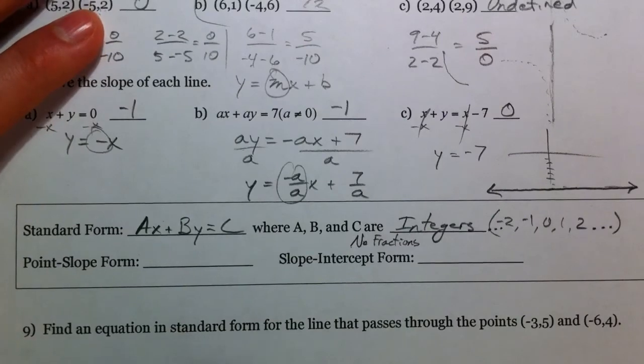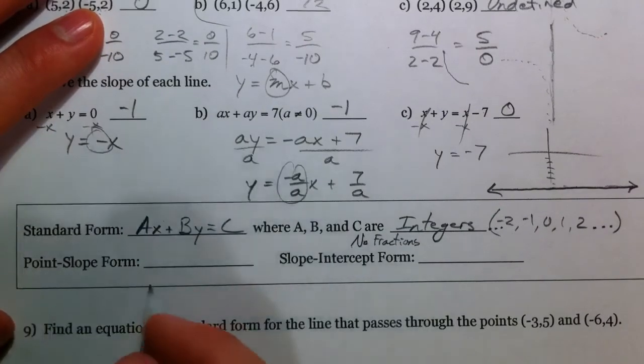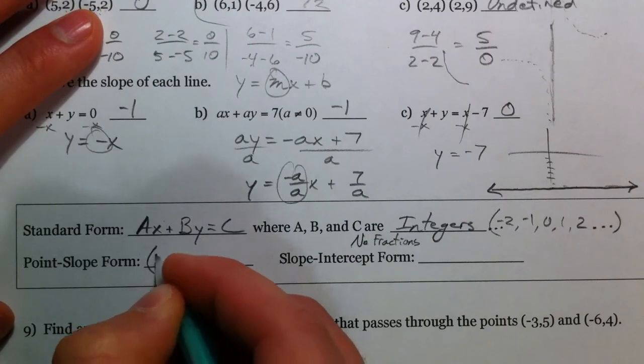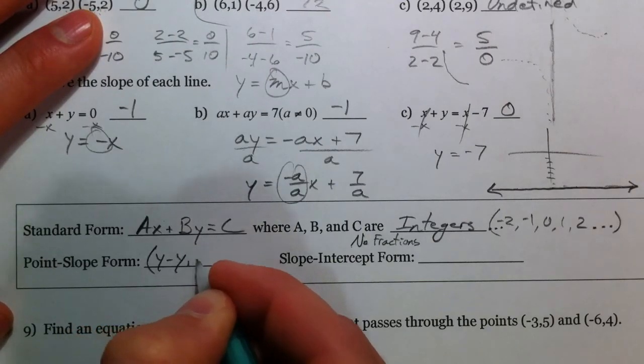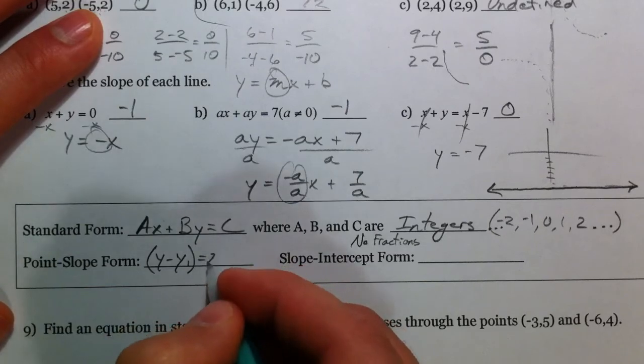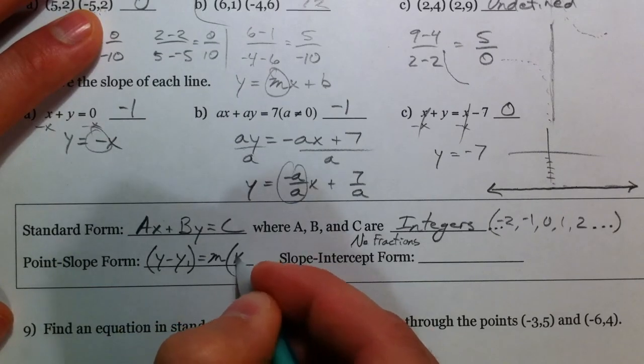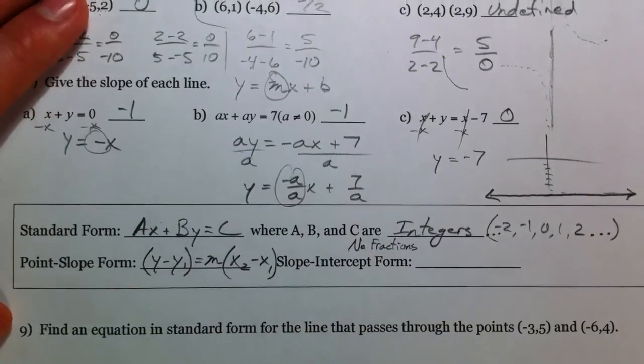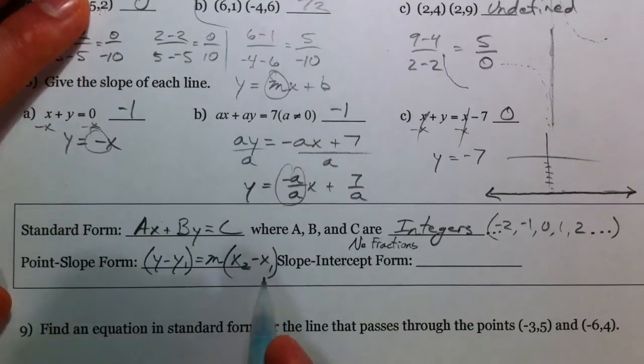Point-slope form is when you have a point and a slope, and you want to write the equation of the line. It looks like y minus y1 equals your slope times x minus x1. Now, if you forget where this comes from, it's really just the slope equation in disguise.